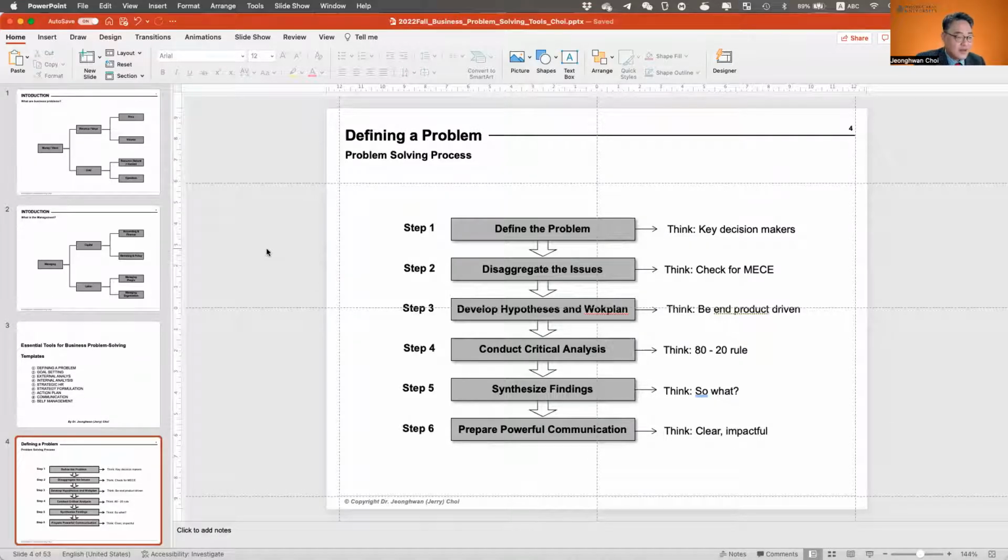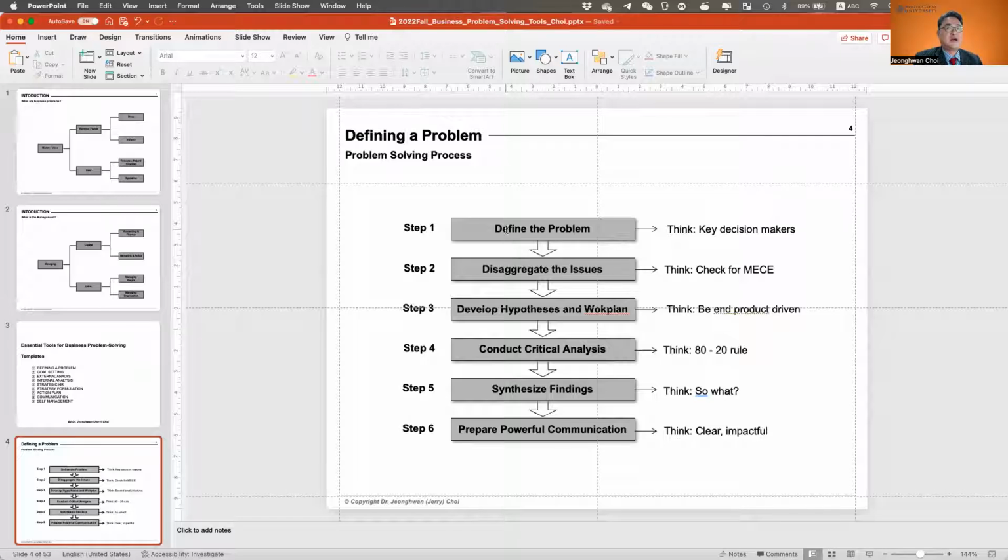No matter what, to solve a business or management problem, we start with the most important process, which consumes more than 60 or 70% of all the time. The number 1 process is defining a problem.